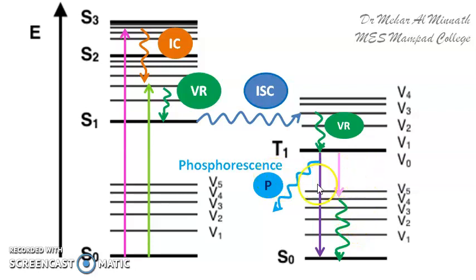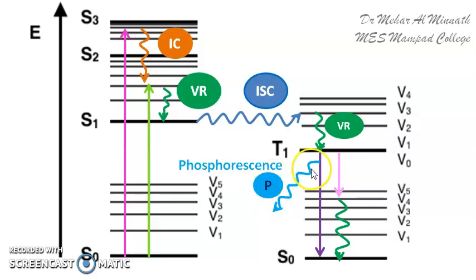Or it can go from T1 to any vibrational level of the singlet ground state. When there is a jump of the system from T1 to any of the vibrational levels of the ground state, it results in an emission of radiation, and that is called phosphorescence.